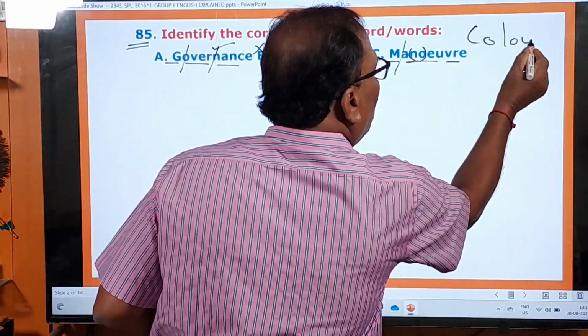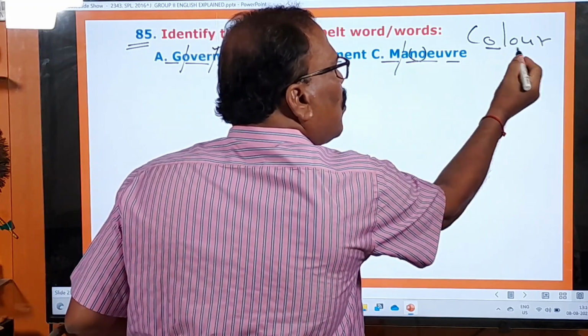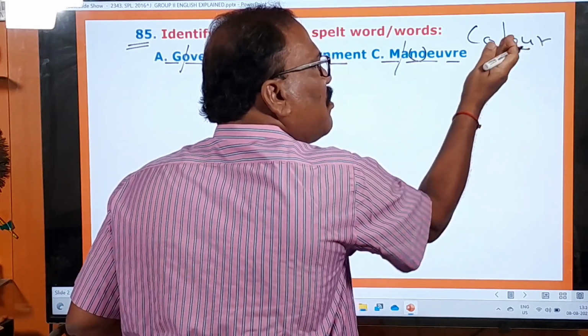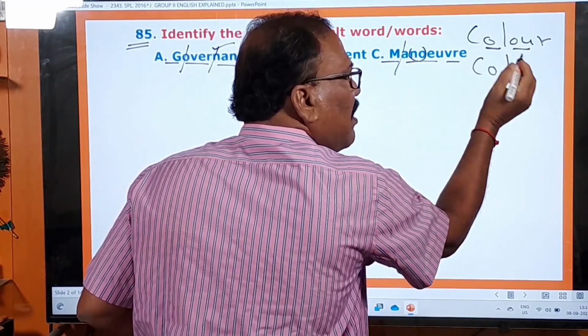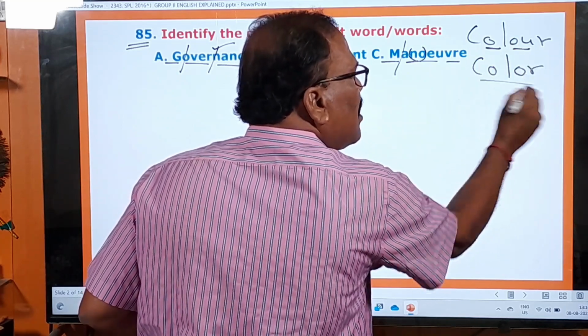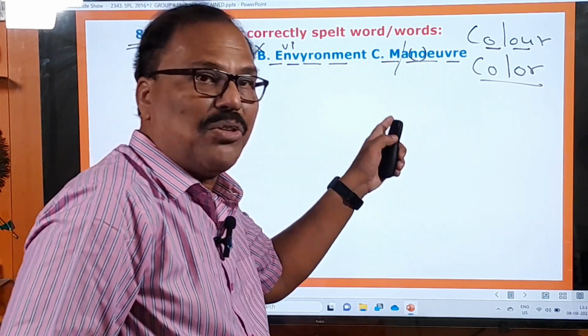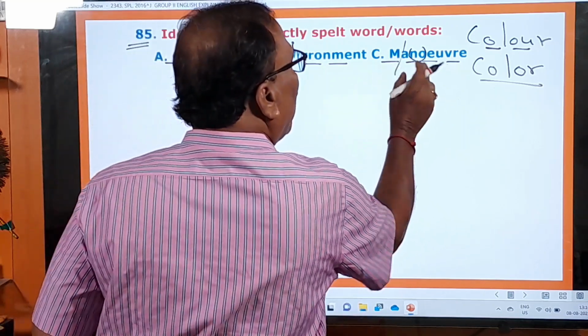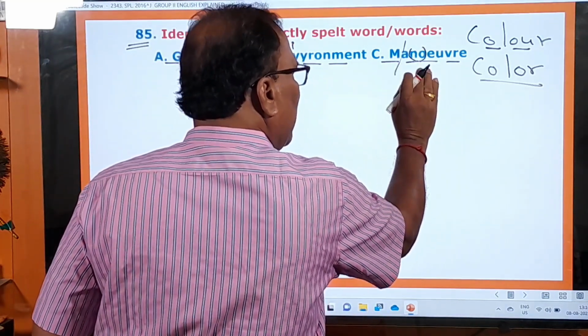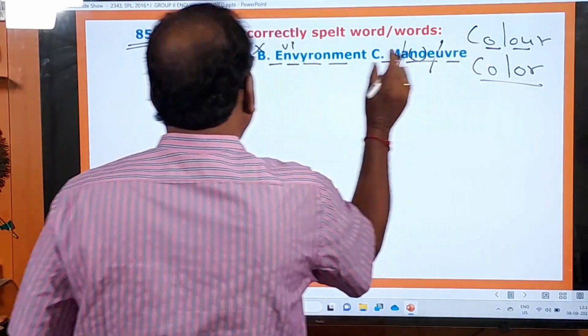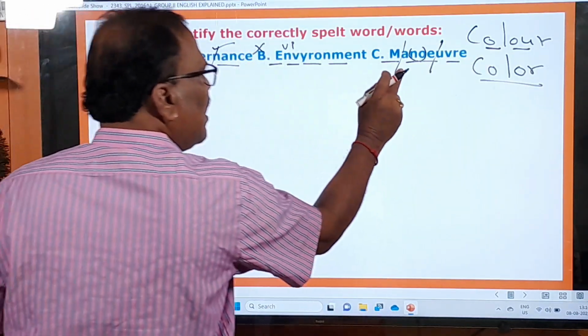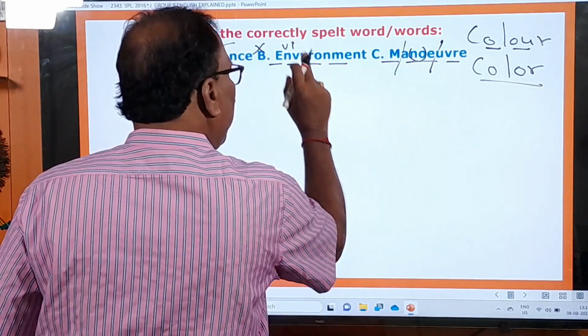Color, COLOUR, this is the British spelling. OU, three vowels are used here, whereas in the American spelling, color, the U is dropped. Why I'm telling you this means here O and U are additionally used. They are silent. So in this way, A is correct and C is correct. Only this B is not correct.